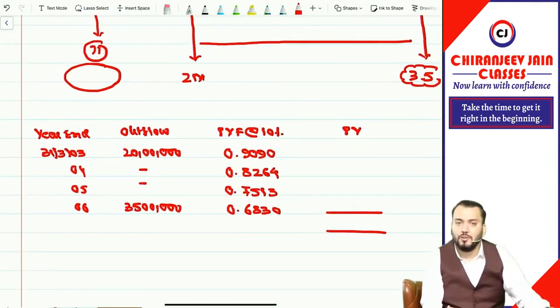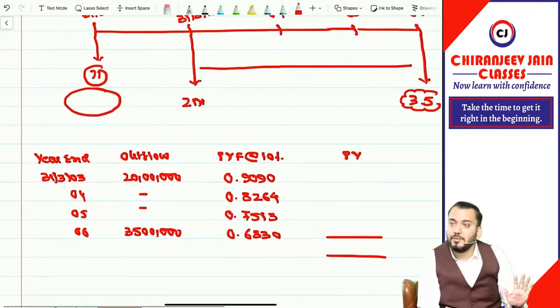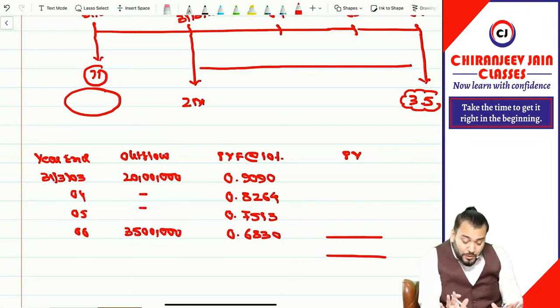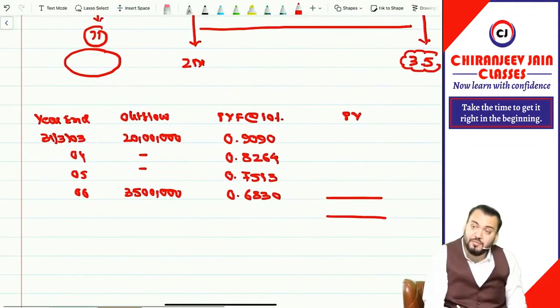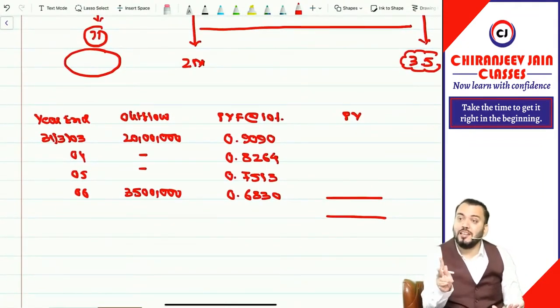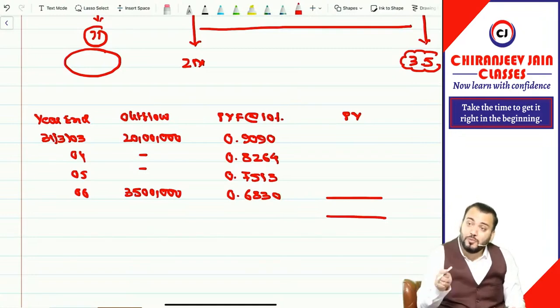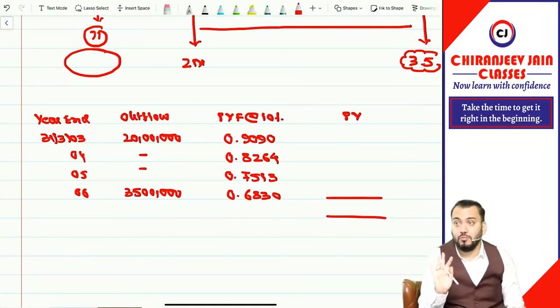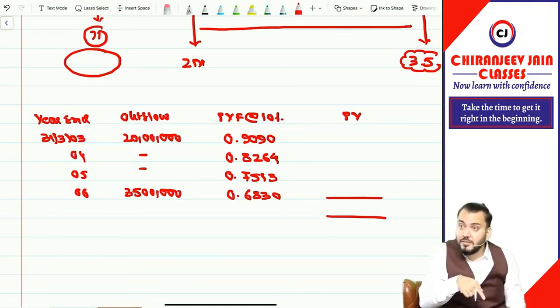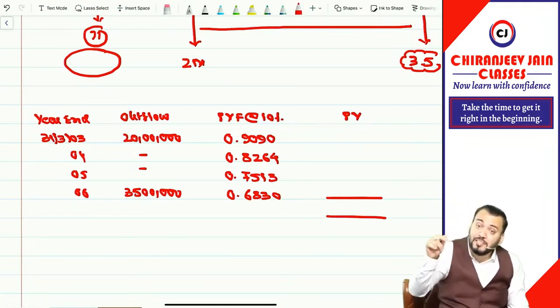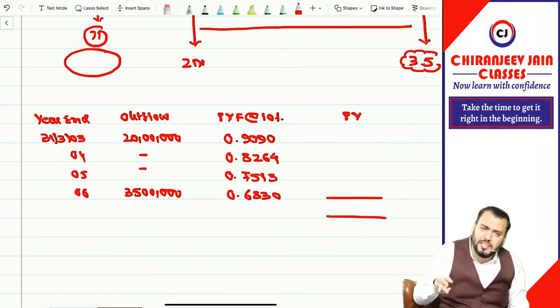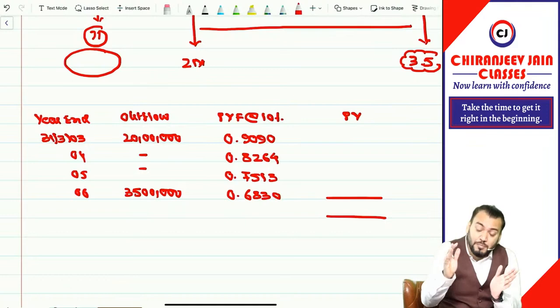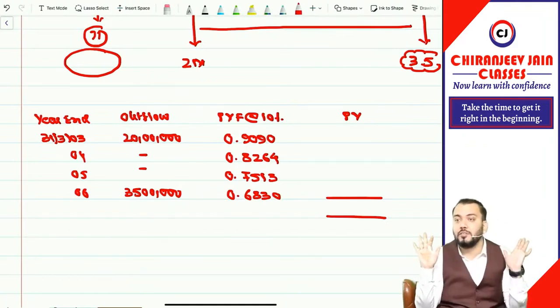This calculation I am not doing. I am just giving the presentation part. Suppose in the exam they have given the discounting factor with 2 decimals. Can you use 4 decimals? Never. They will deduct marks. So if they have given the discounting factor in 2, 3, 4 or 5 decimals, use that decimal exactly in the exam.